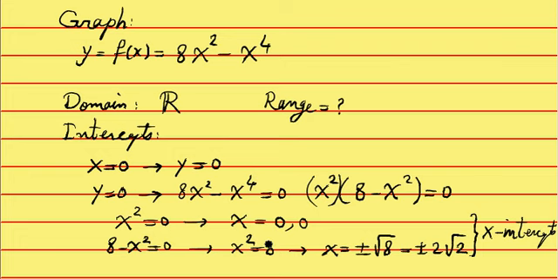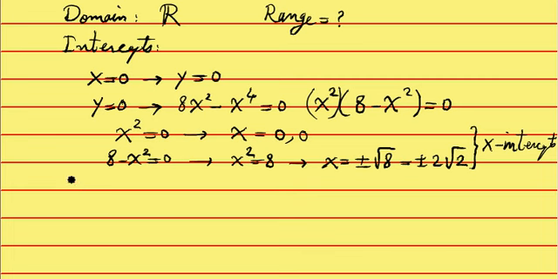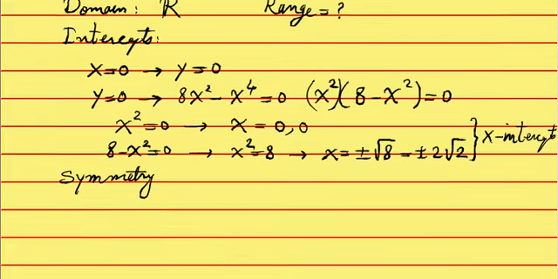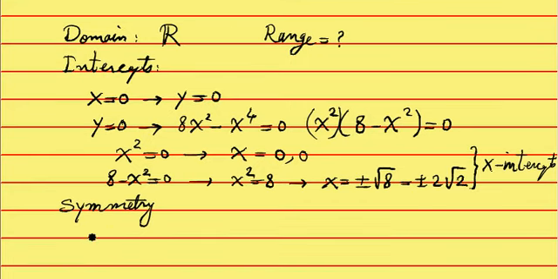Next item to take a look at is the issue of symmetry. So here for the symmetry, we notice that our function is an even function. The degrees of this polynomial are all even. That makes the function symmetric with respect to the y-axis. So f of minus x is the same as f of x. f of minus x, what is that?